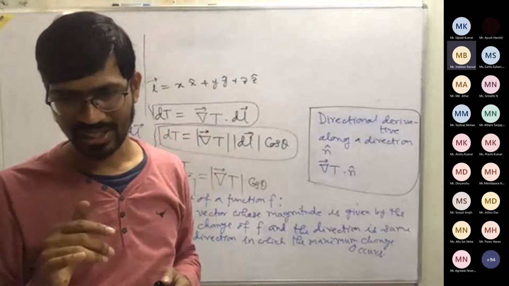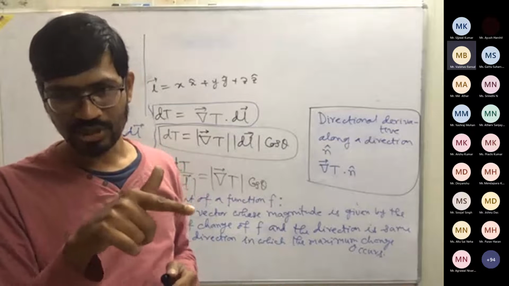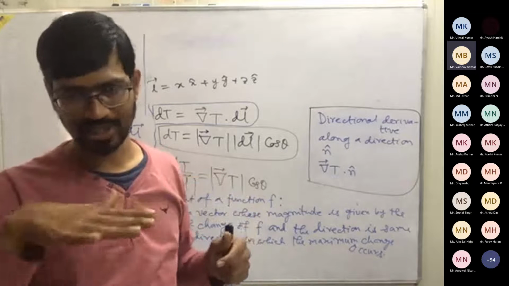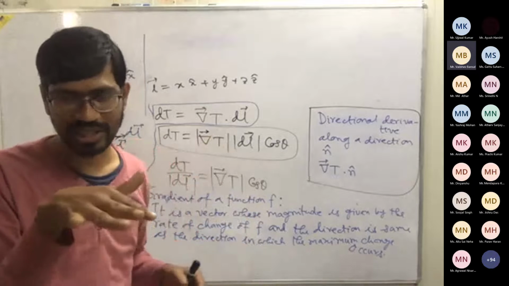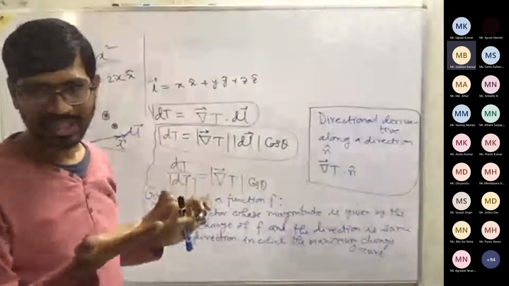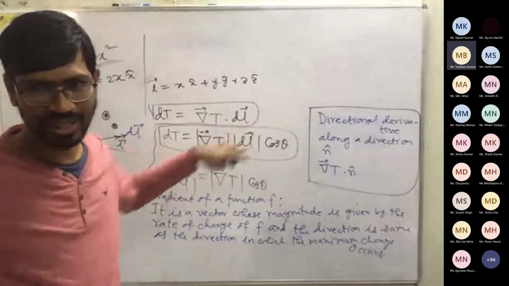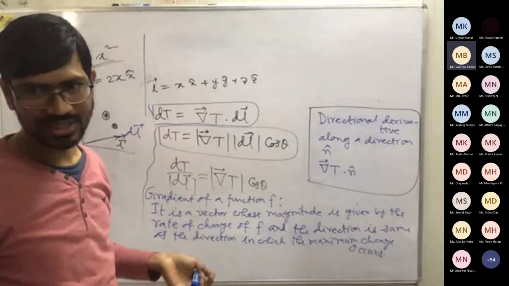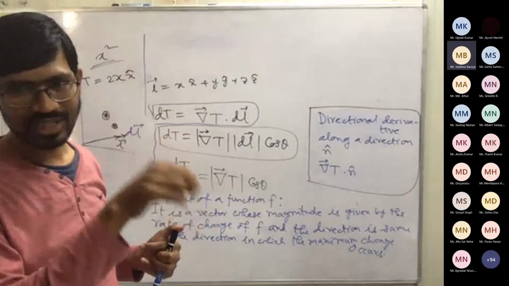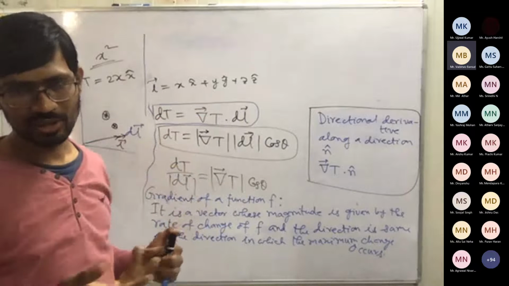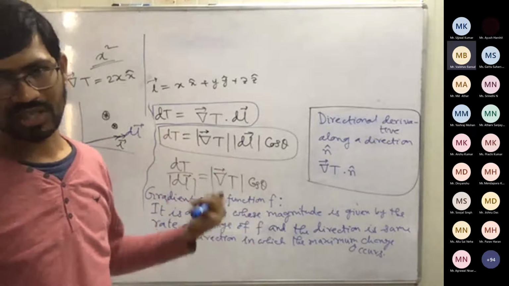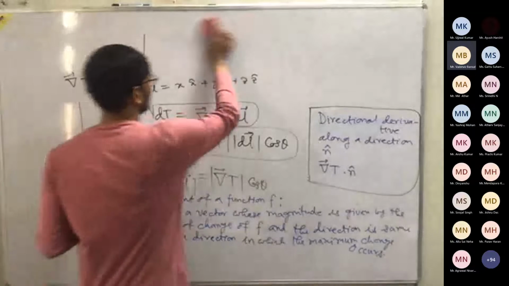Students actually make the mistake of thinking grad t is equal to 0 everywhere. It may not be possible. If t is a constant quantity, let's say t equal to 2, instead of x square, of course grad t is equal to 0 everywhere. But we may not have that case. We may have a particular point where grad t is 0, and that gives an indication of local minimum or maximum.